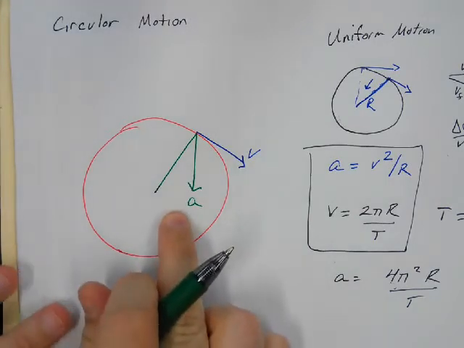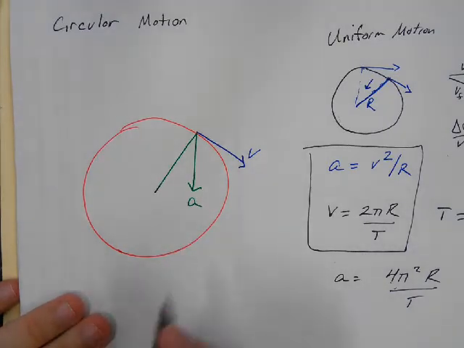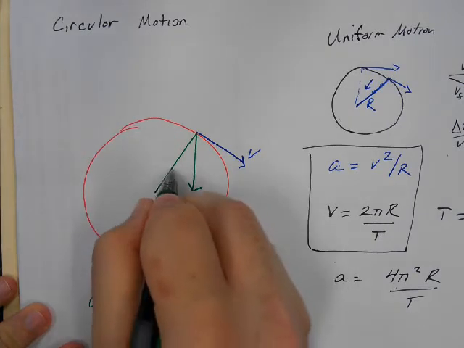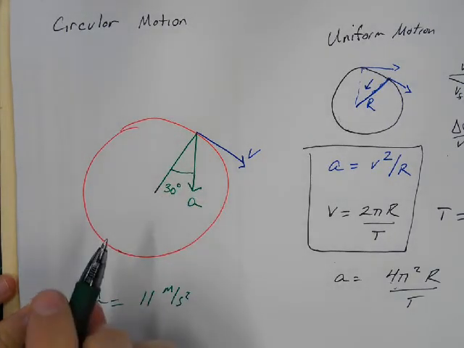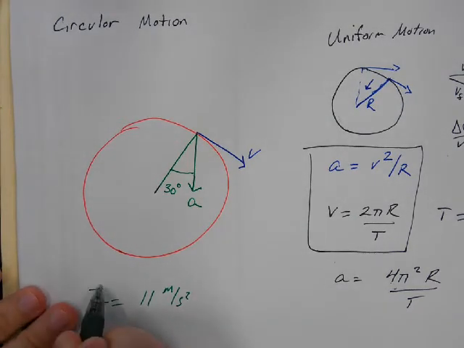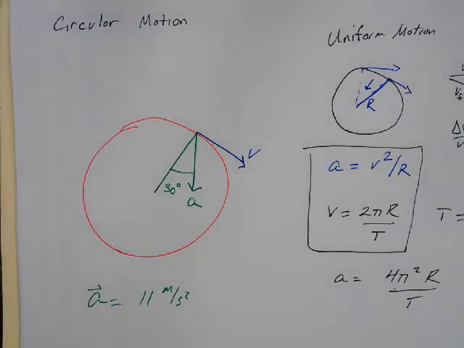And that, in principle, can be measured because you can just get an accelerometer on your phone or something, or special equipment to measure this. And so let's say that the acceleration is 11 meters per second squared. And let's also say that we can figure out this angle, and it is 30 degrees. Okay. So the acceleration is a vector, and it can have components to it. So we're going to put in coordinates here, right?